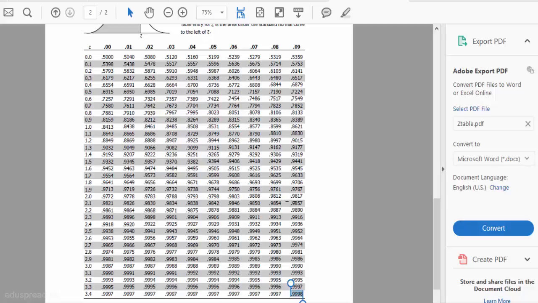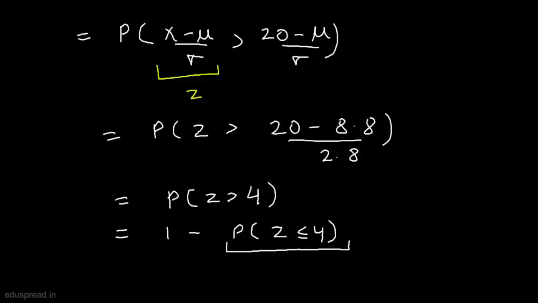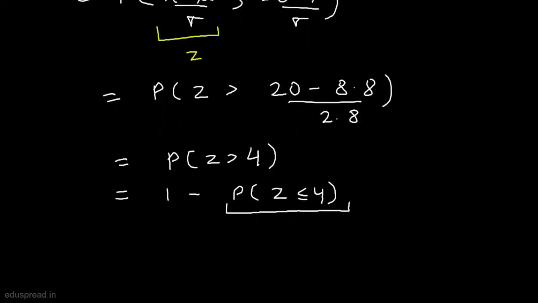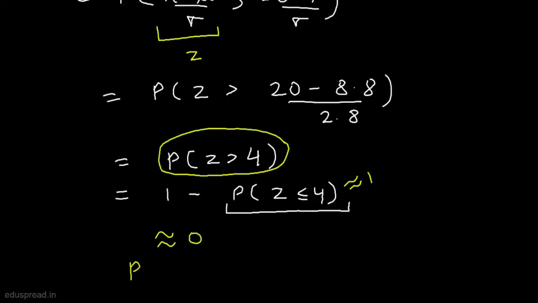So we can expect that the probability that Z is less than or equal to 4 will be somewhere close to 1. So that means the probability that Z is greater than 4 is approximately equal to 0. So this means the probability that the diameter will exceed 20 inches is approximately 0. So this is all about part B. Let's move to part C.